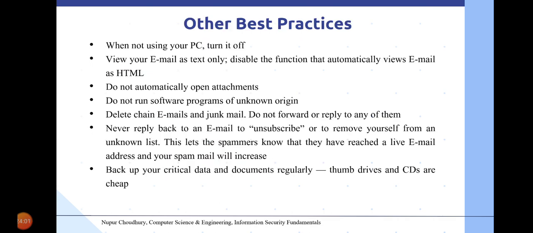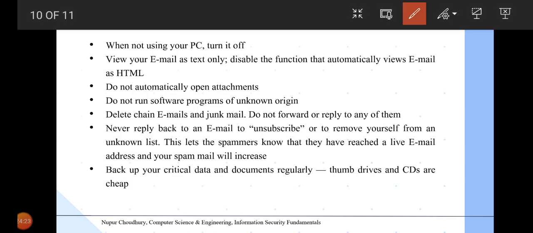Some of the other best practices are that we should switch off the PC when it is not in use, view email as text only, and disable all the functions that automatically view email as HTML, because whenever it is in HTML mode, it has the potential of getting attacked by online attackers.